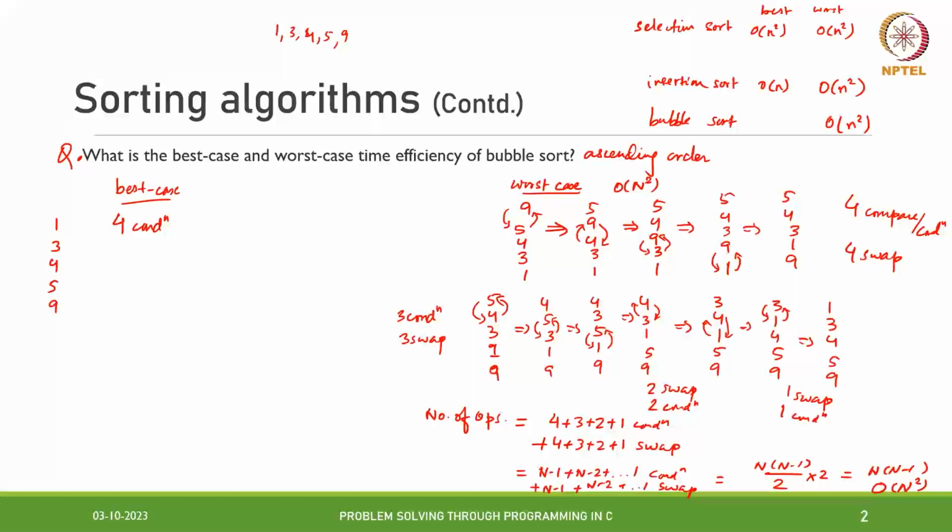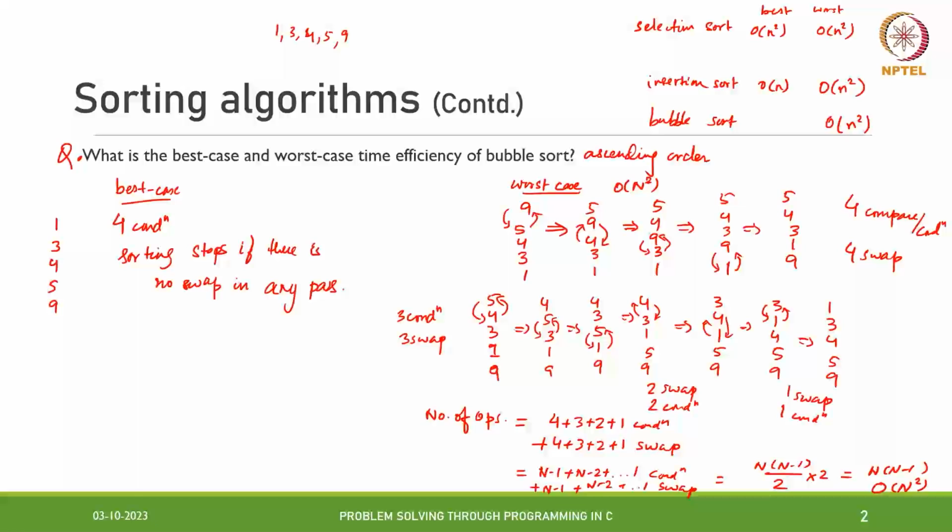So the best case efficiency should be when you have written an efficient bubble sort code which stops the sorting procedure if there is no swap in any pass. Okay, so the sorting should stop if there is no swap in any pass. So it will stop in the first pass itself.